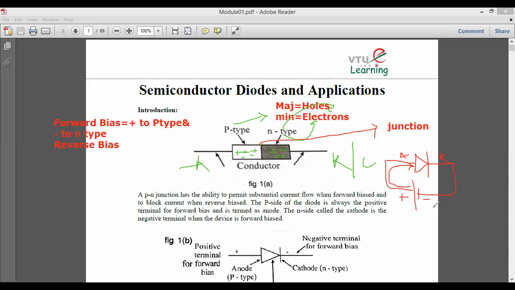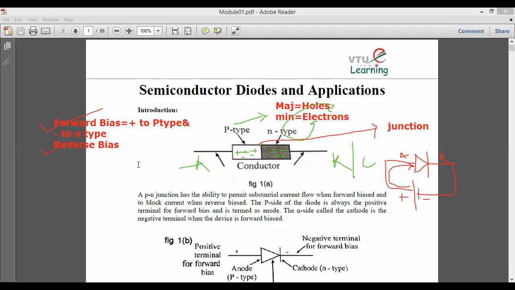So when I apply a battery, plus to anode and minus to cathode, this flow of current will make your diode operate under forward bias. Similarly, when you change the polarity of the battery, the diode will be operated under reverse bias.